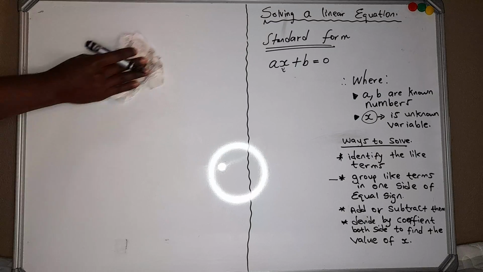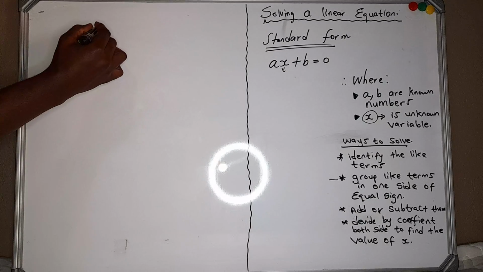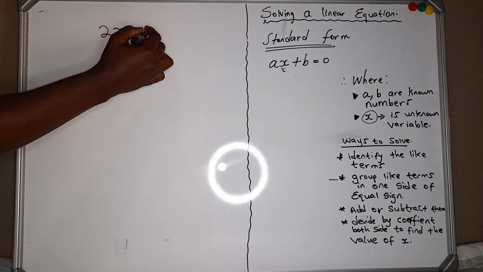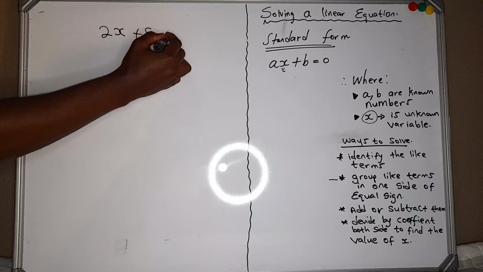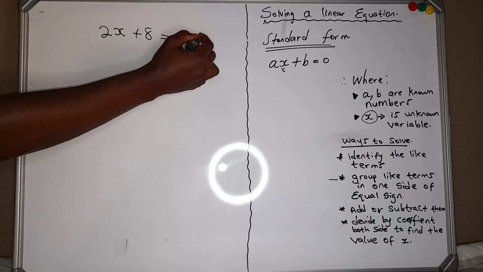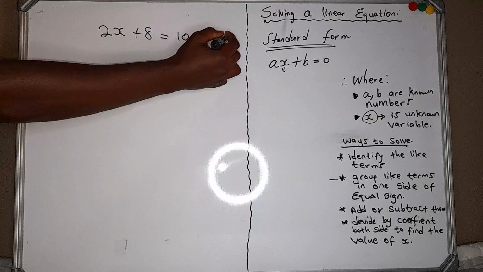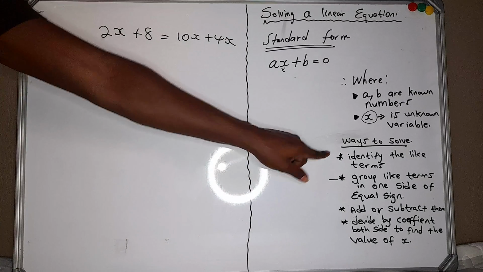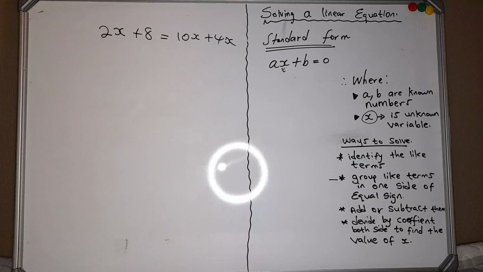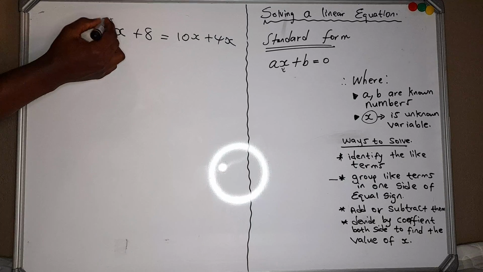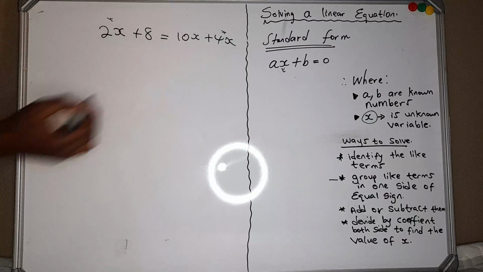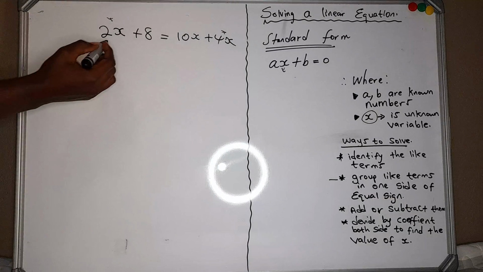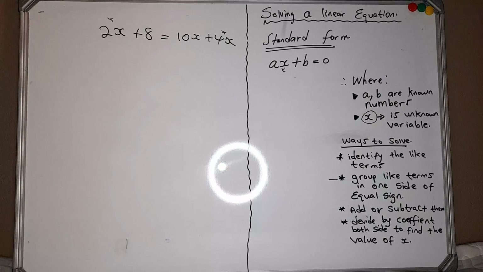To group them, let's take 2x plus 8 equals 10x plus 4x. As we said, identify the like terms. When you identify your like terms, you mark them: this one and this one are like terms, because they are sharing the same characteristics.